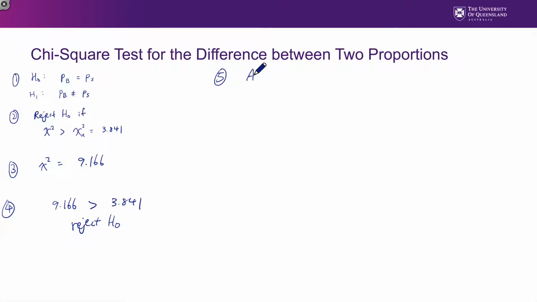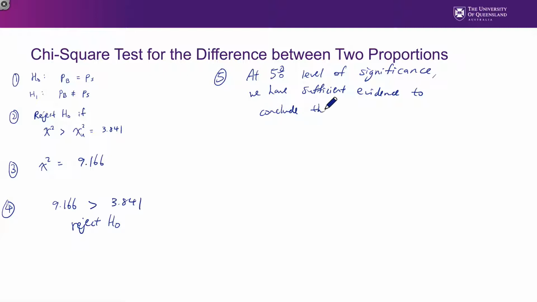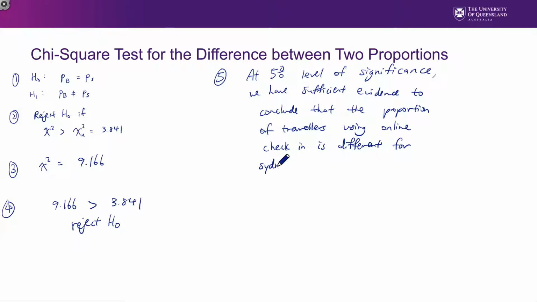So our conclusion would be, at the 5% level of significance, we have sufficient evidence to conclude that the proportion of travelers using online check-in is different for Sydney and Brisbane.